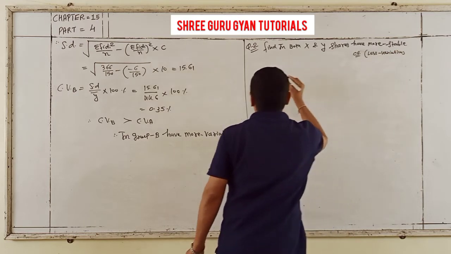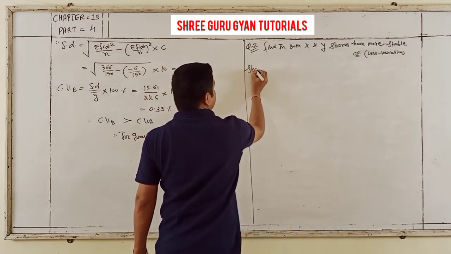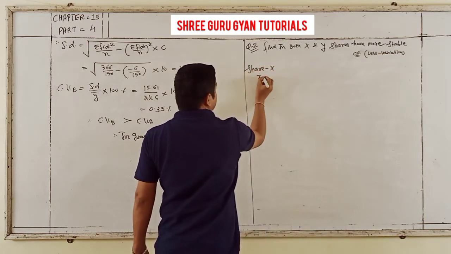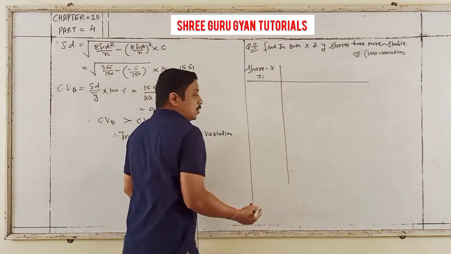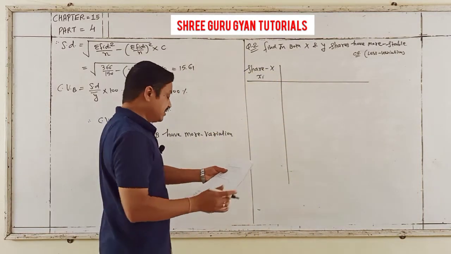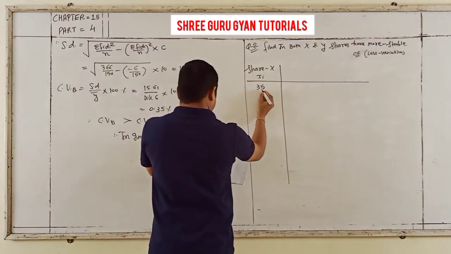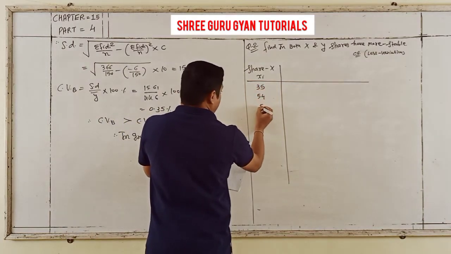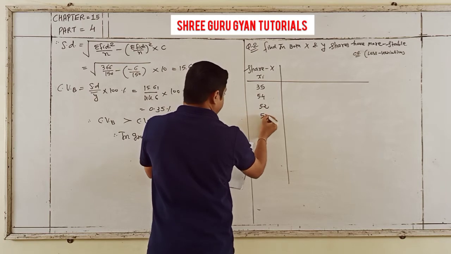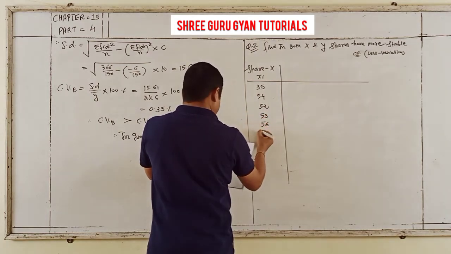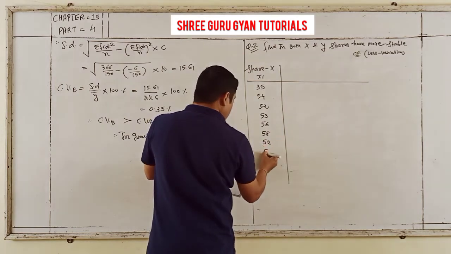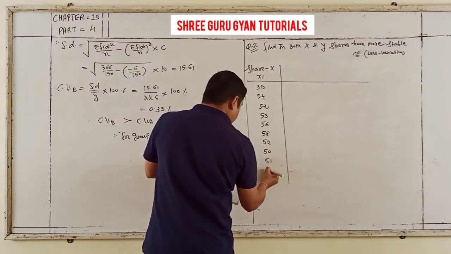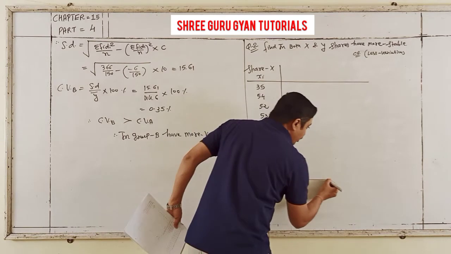This is also a very big numerical. So first of all I will start with share X. It is called Xi, and Xi relates to all observations. First of all I write down 35, 54, 52, 53, 56, 58, 52, 50, 51 and 49.